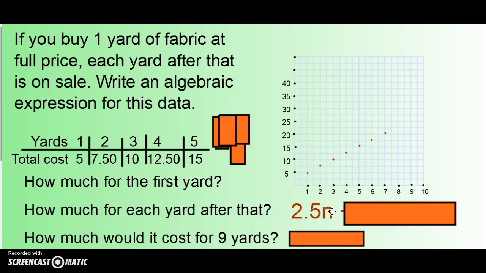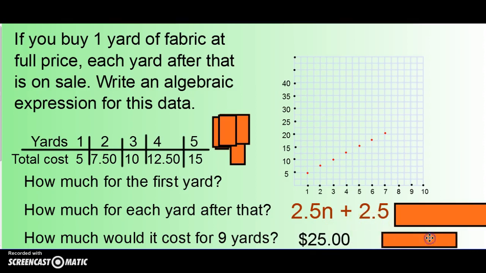You only get 2.5 and you want it to be a 5. So how much more do you have to add? Another $2.50. So here's your algebraic expression. If that part doesn't make sense, then please ask tomorrow. And then how much would it be for 9 yards? You would substitute the 9 in for n, multiply those two together, and then add the other 2.5, and you would get 9 yards would be $25.